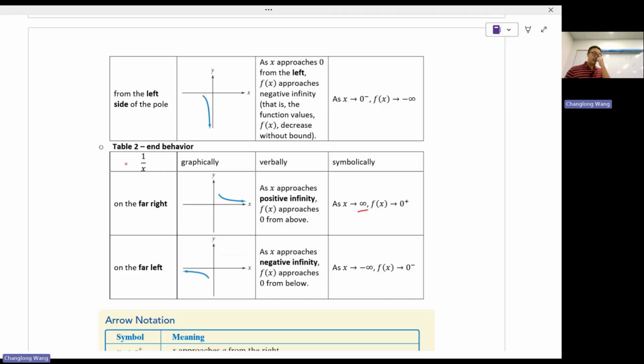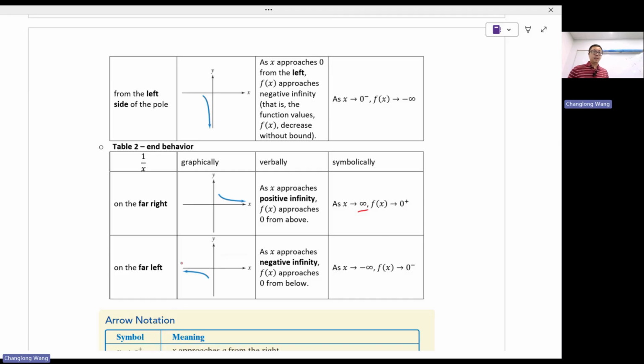But now you have an infinitely large denominator making the fraction infinitely small, but it stays on the positive side. That means the function will be approaching 0 from above, still greater than 0, but as close to 0 as possible.